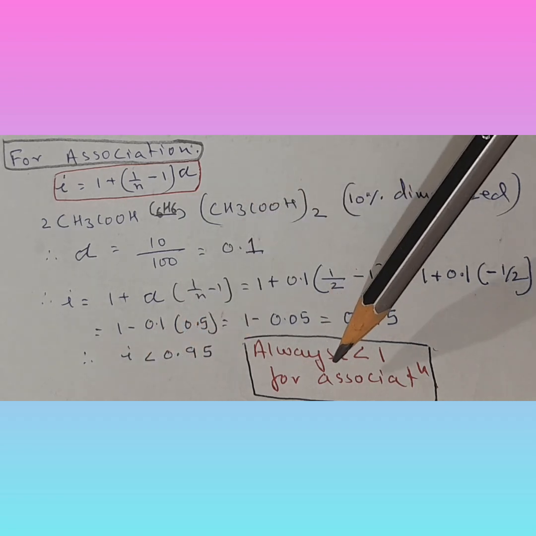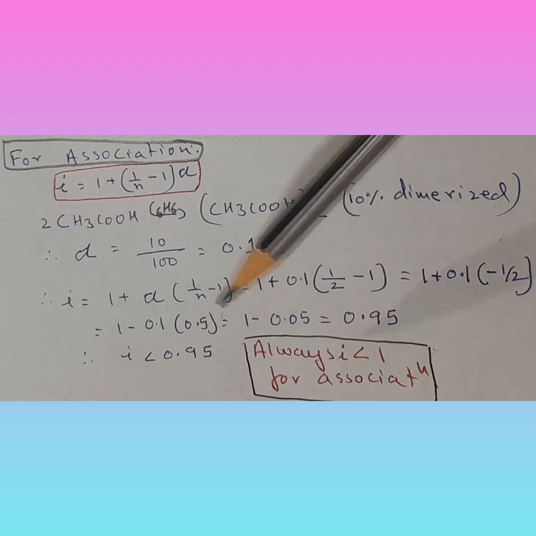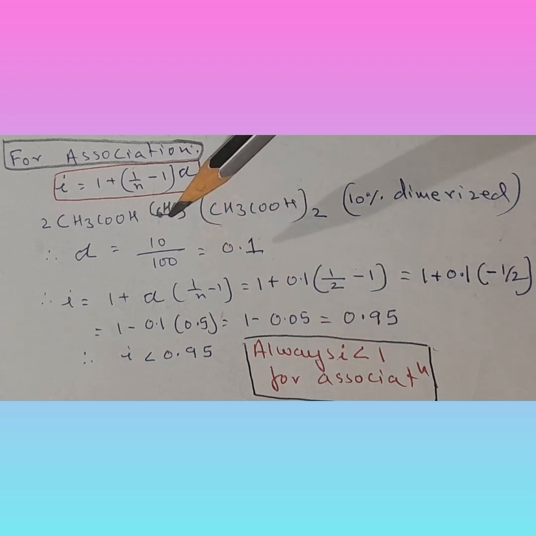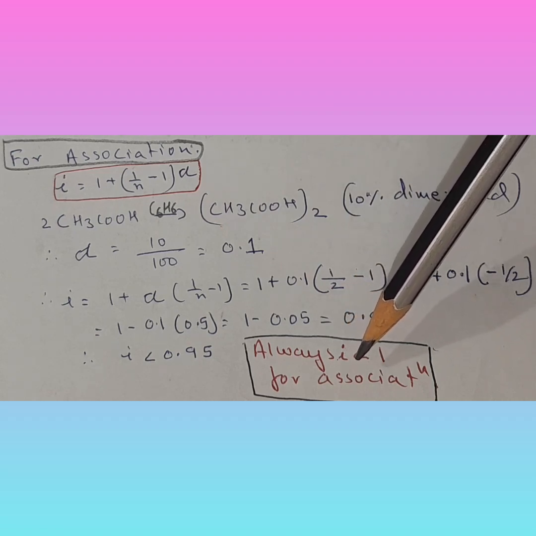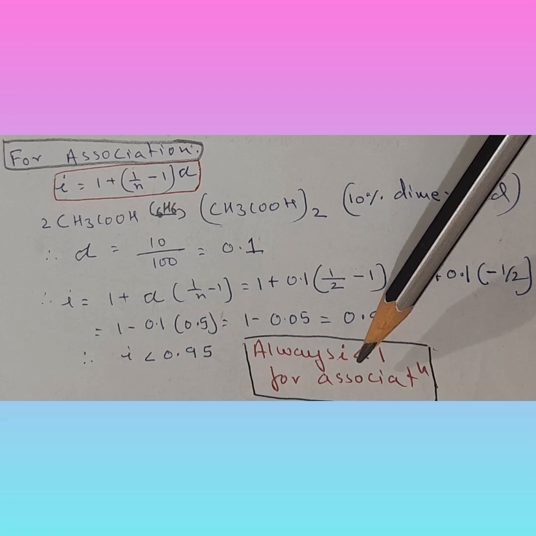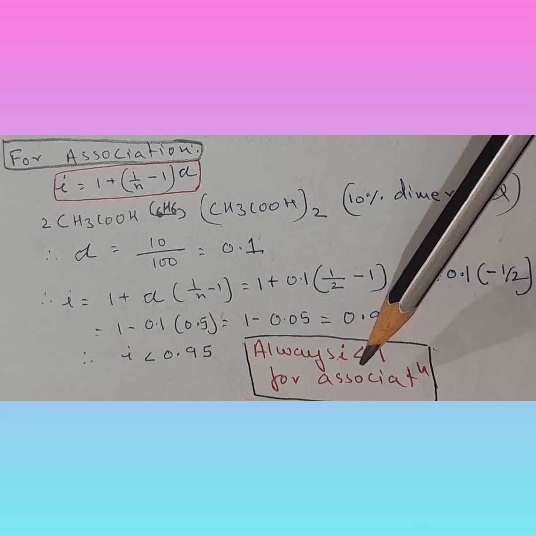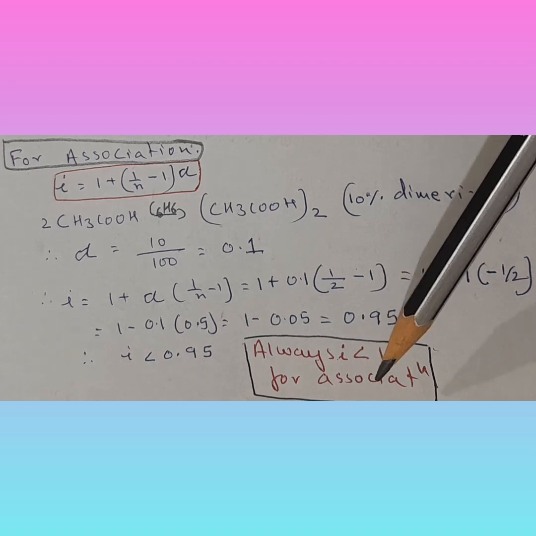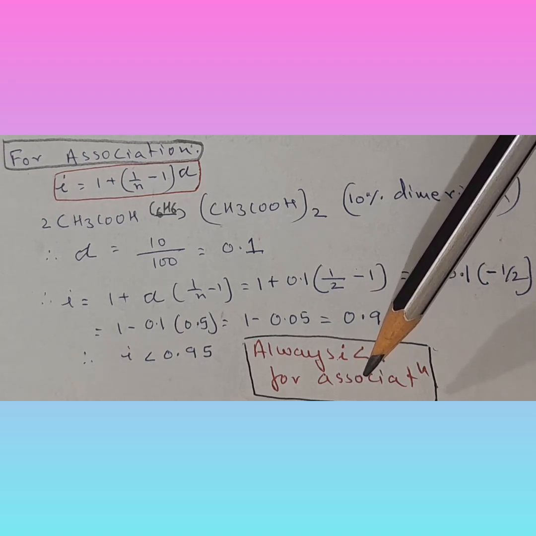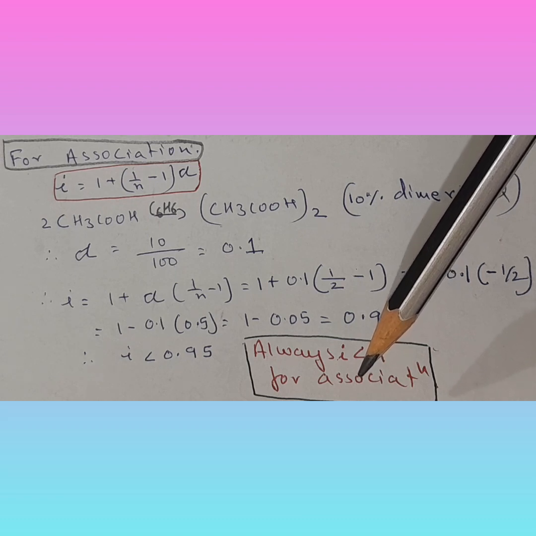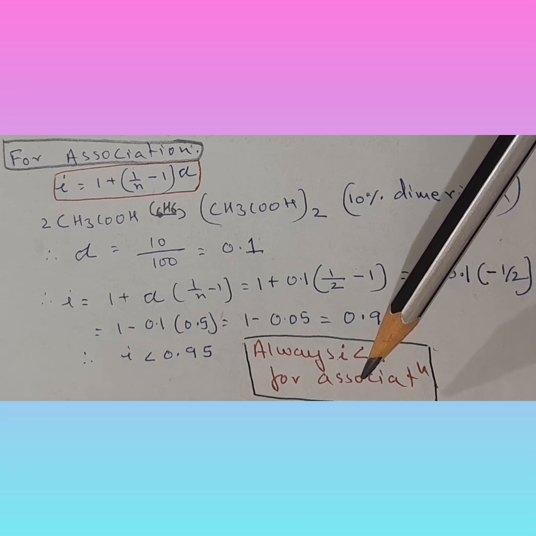So what do we conclude from this? Always, for association, whenever there is molecular association, the Van't Hoff factor would be less than 1. In case of dissociation, whether it be a weak or strong electrolyte, the value of the Van't Hoff factor would always be greater than 1.